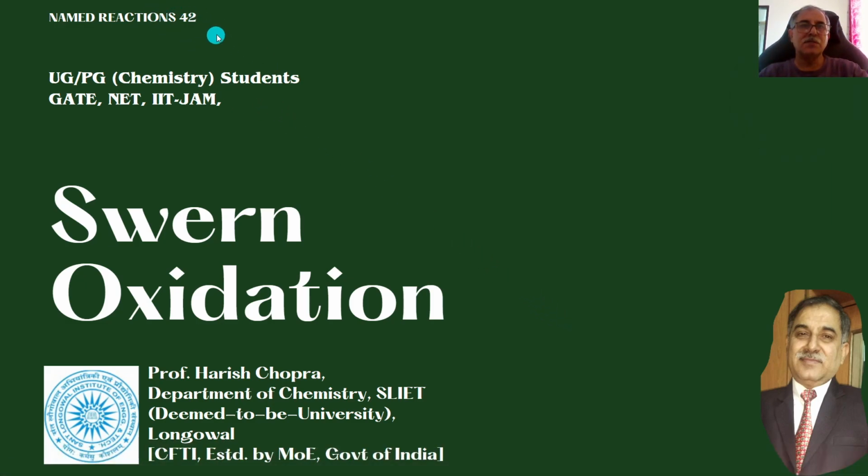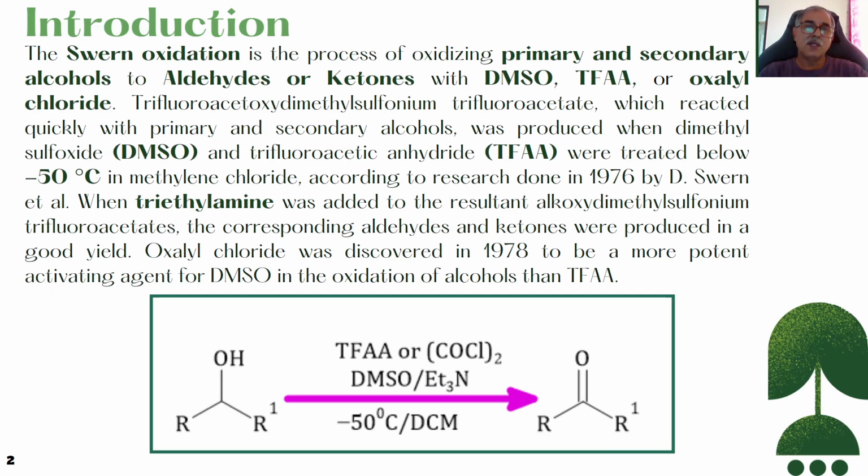Dear students, continuing with our lecture series on named reactions, this is our 42nd lecture, and today we will discuss what is Swern oxidation. Swern oxidation is an important reaction for the oxidation of primary and secondary alcohols to aldehydes or ketones.